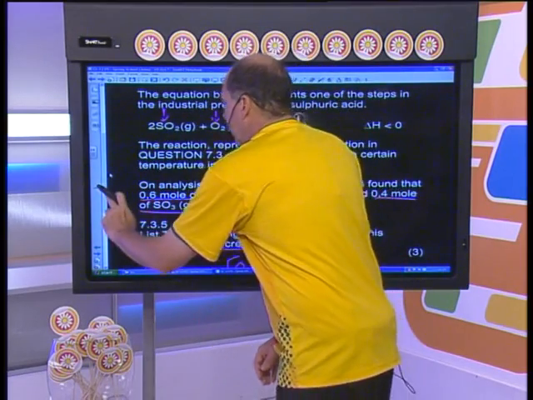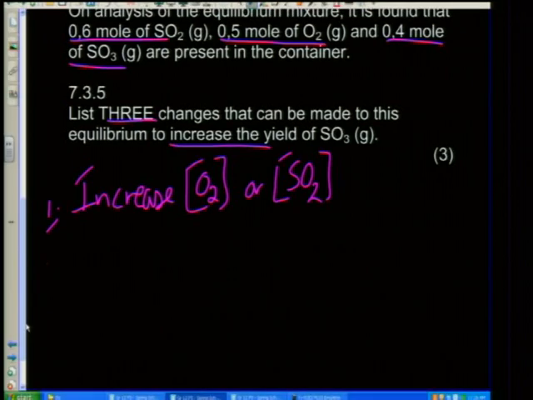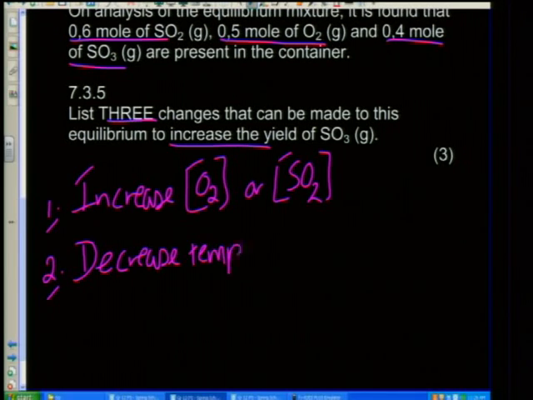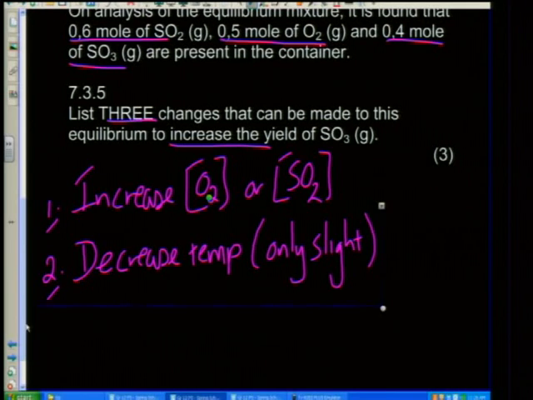Remember that because the forward reaction is exothermic, we would have to decrease the temperature to increase the yield, increase the amount of SO3. So decrease the temperature, but I'm going to say only slightly. Not a lot, because we don't want the reaction to stop. If you decrease it a lot, it's going to stop the reaction altogether.